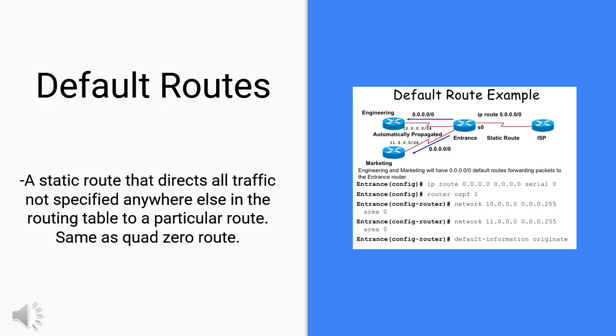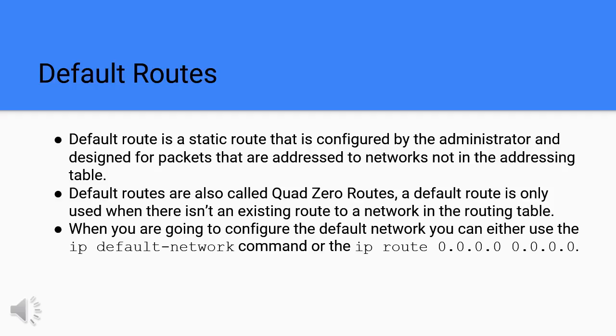Default routes. A default route is a static route that directs all traffic not specified anywhere else in the routing table to a particular route. Same as a quad 0 route. An example of when you would use that is if you were on a smaller statically configured network, maybe 2 or 3 routers, some client host machines, and you have one gateway router that gets you to the internet.